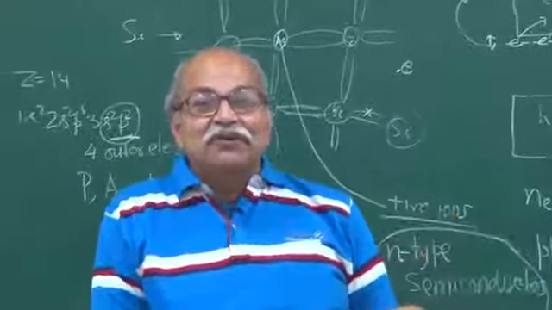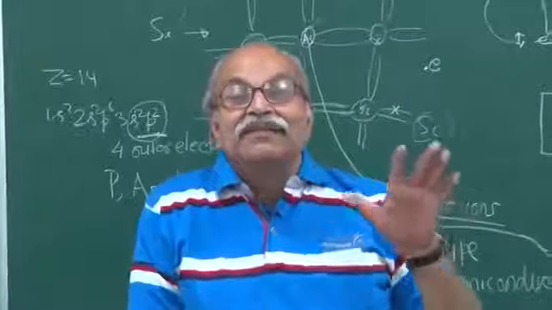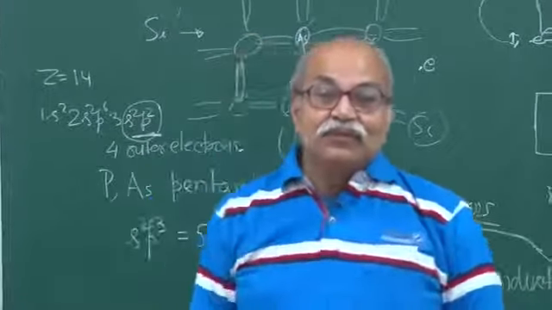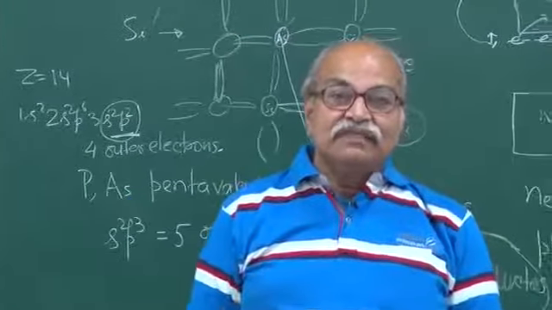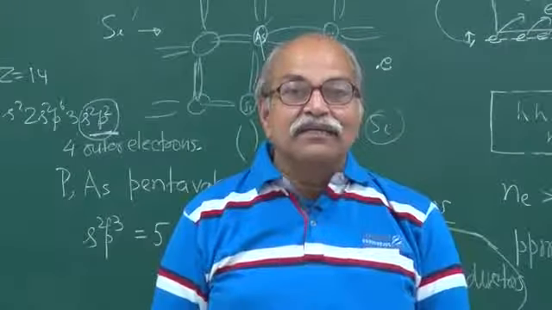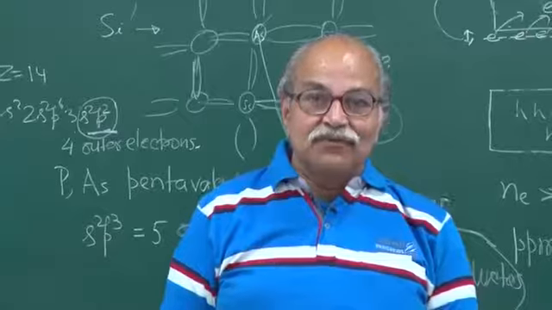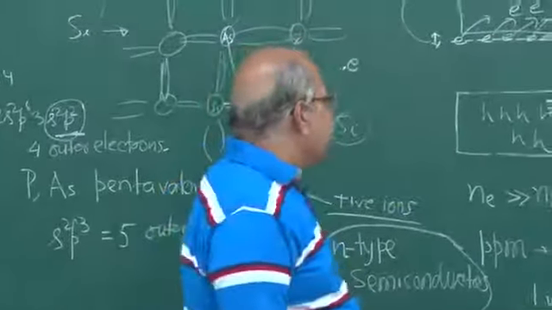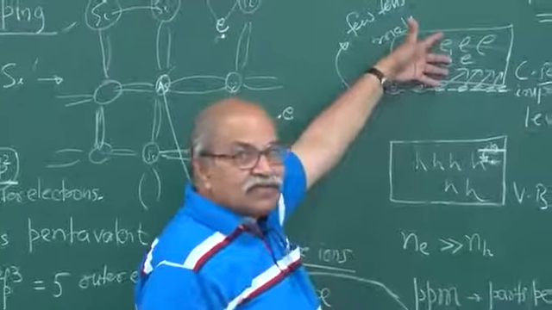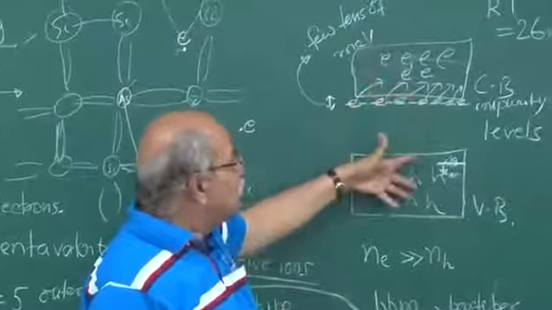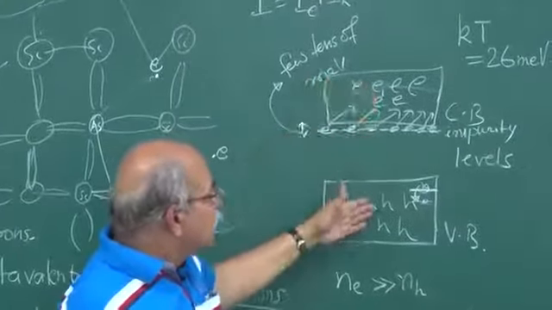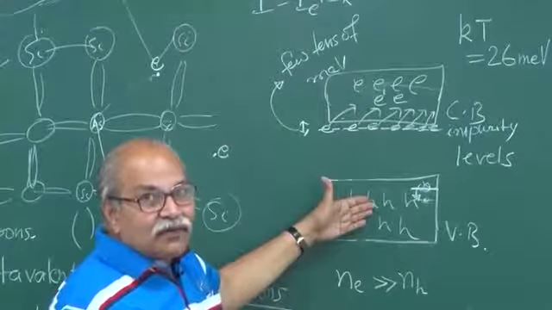This number of holes, that density goes down. You remember, you always have a generation of electron hole pair and recombination of electron hole pair. If you have a small number of electrons here, an equal number of holes here, there is some probability of an electron going and filling a hole.